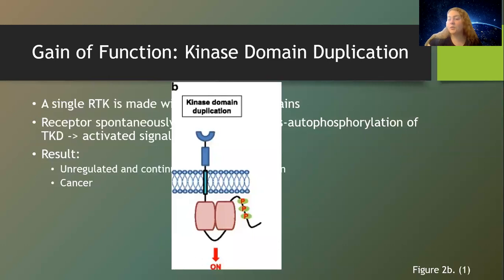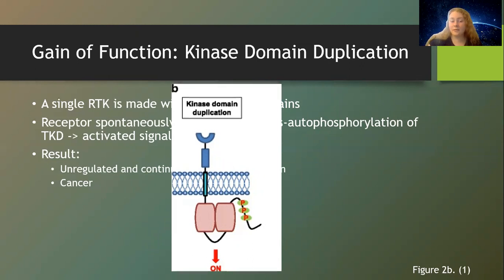Because there are two, this receptor is able to dimerize the tyrosine kinase domains, which will allow them to transphosphorylate and become activated. This type of activation does not need a ligand. It can happen spontaneously within the cell, and the result could be cell death.